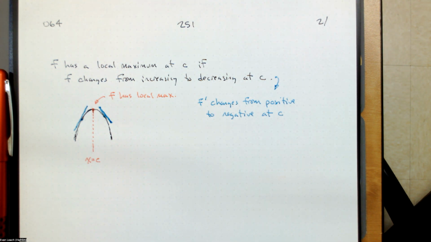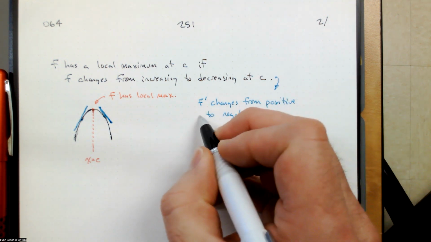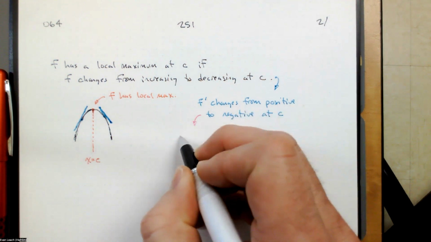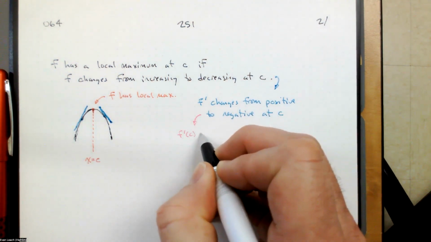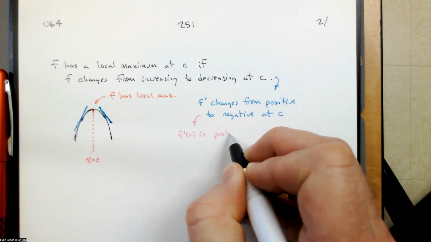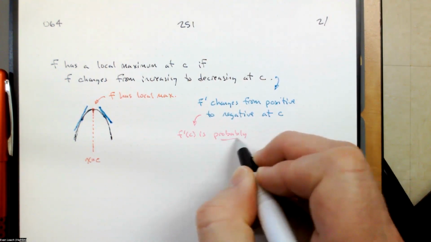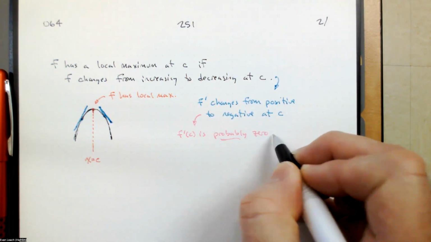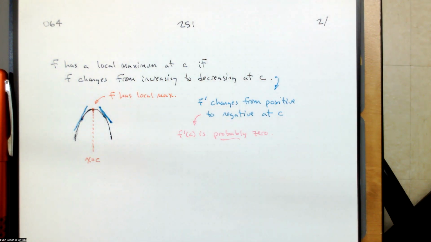If the first derivative is changing from positive to negative at C, that means the first derivative is probably zero at C. Not necessarily zero at C, but probably zero at C. It might be that the function is flat.